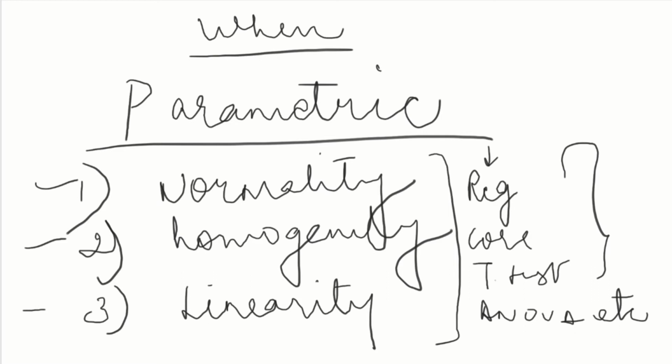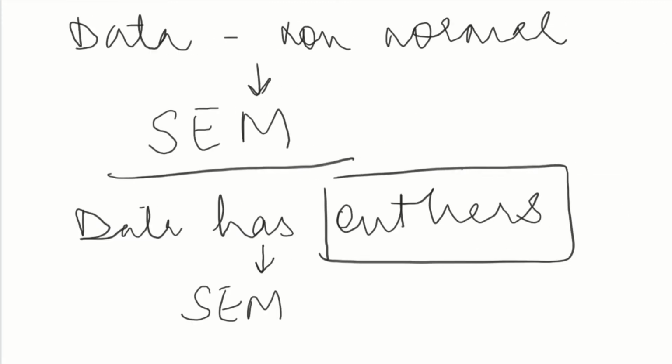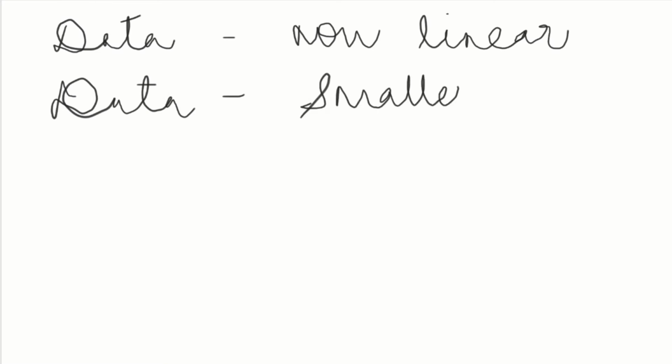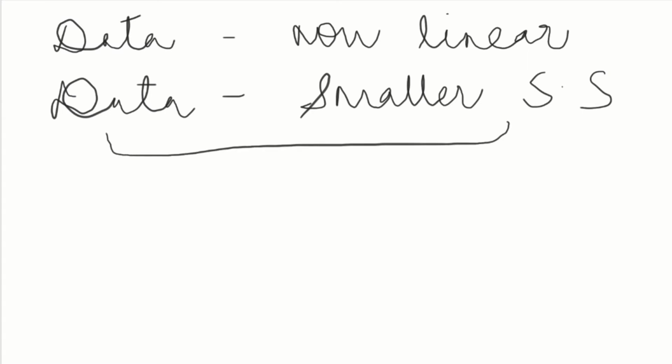If there is a presence of outliers, 110% the data will not be normal, nor homogeneous and linear. So SEM works even in normal data and when the data has outliers. But SEM will not work when the data is non-linear, or when the data has a smaller sample size. So to overcome these situations or issues, artificial neural network comes into the picture.